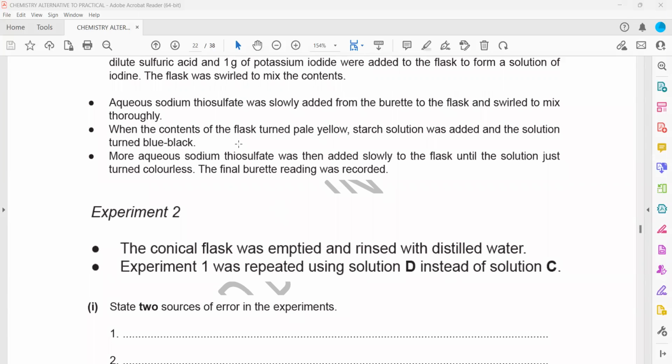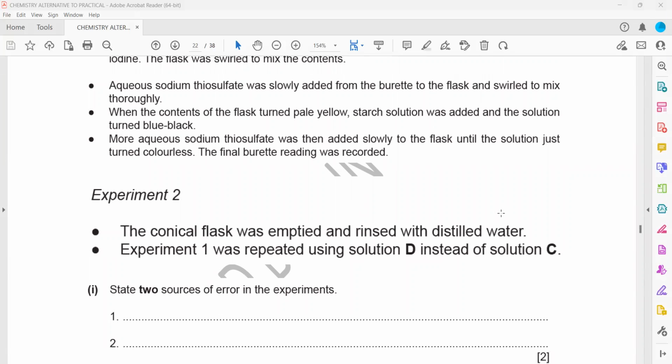Then we repeat the experiment. The conical flask was emptied, rinsed with distilled water. Then experiment 1 was repeated using solution D instead of solution C.